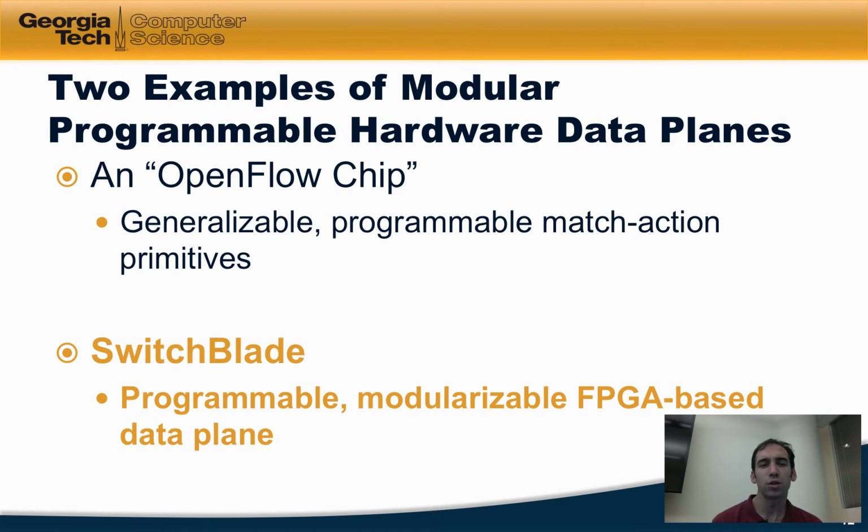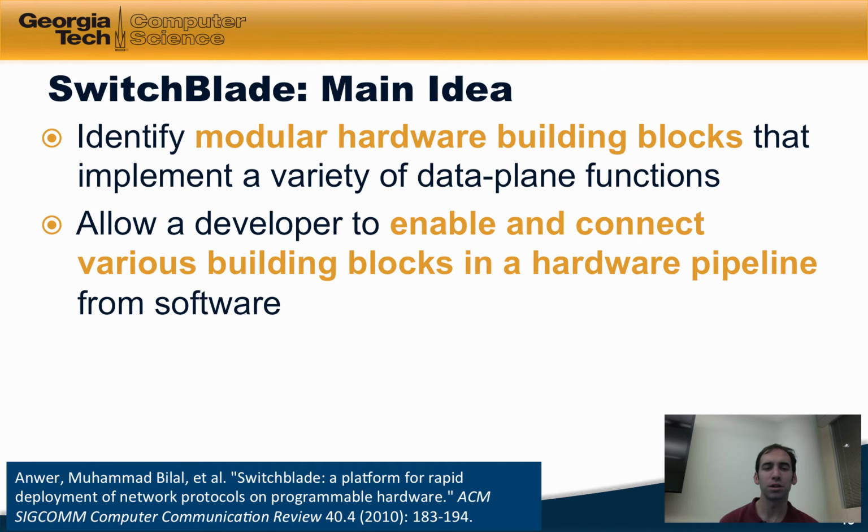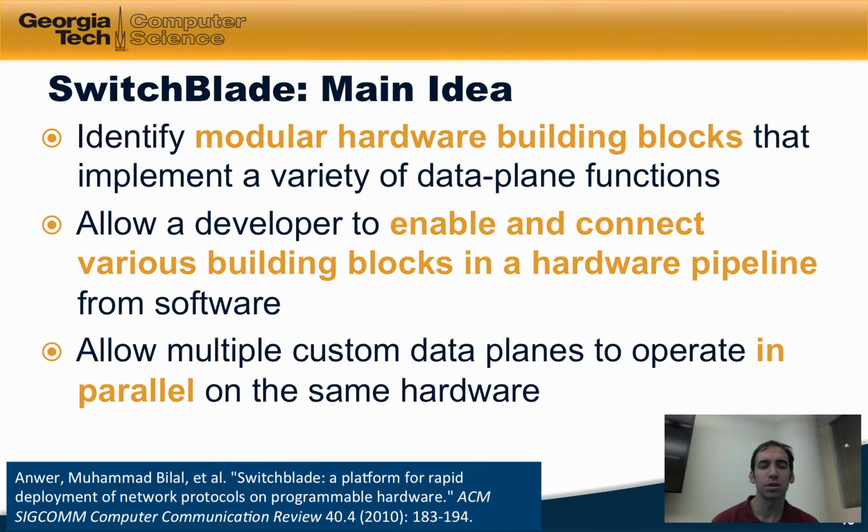That's the idea behind Switchblade, which is a programmable, modularizable FPGA-based data plane. The main idea behind Switchblade is to identify modular hardware building blocks that can implement a variety of data plane functions, and then allow a developer to enable or disable these building blocks and connect them in a hardware pipeline using high-level software programming languages.